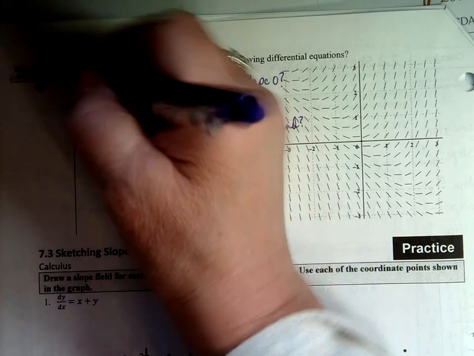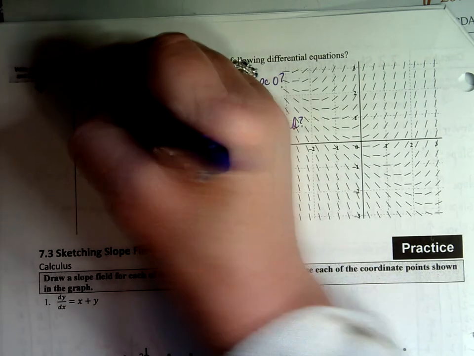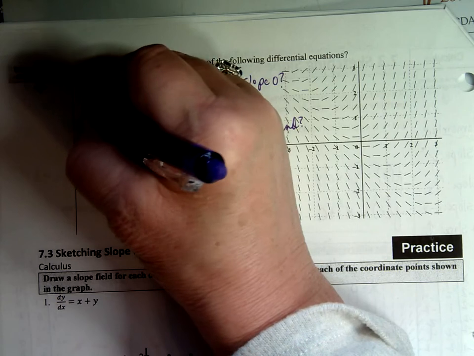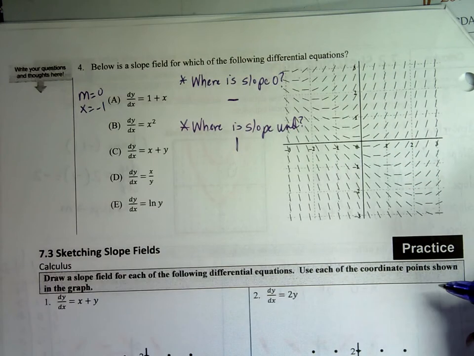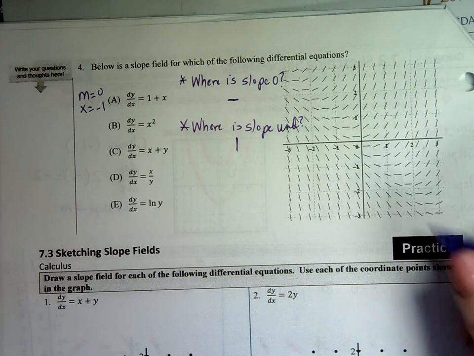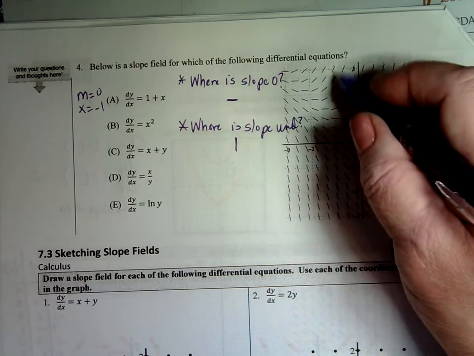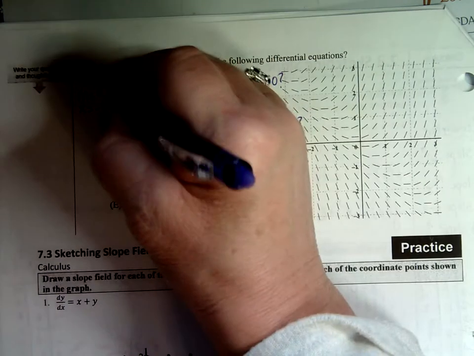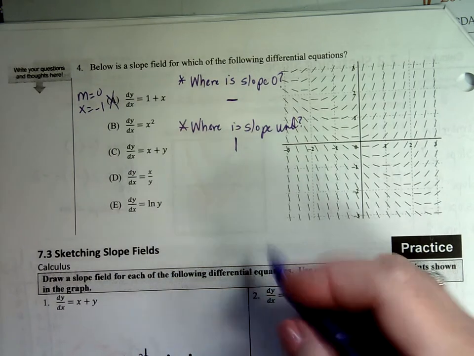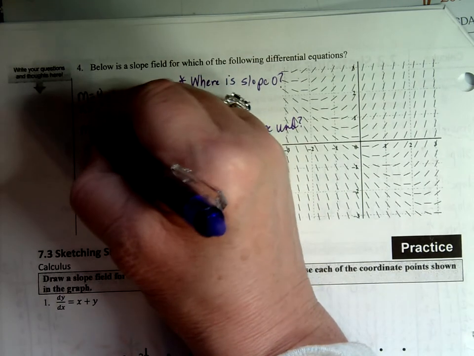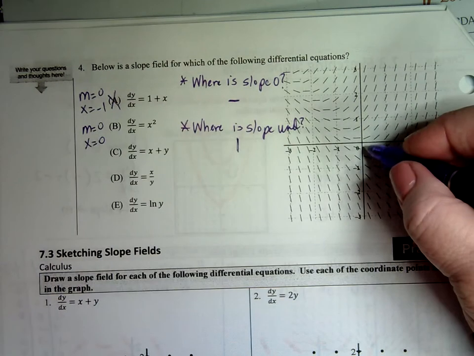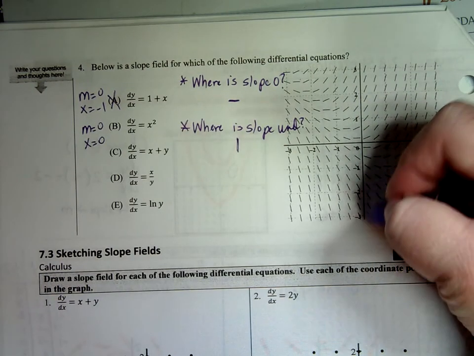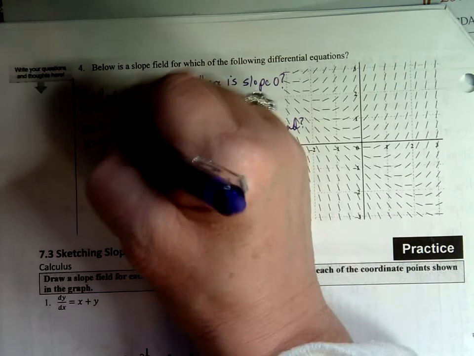So my slope, or dy over dx, equals 0 when x equals -1. So go to -1. Are my slopes 0 there? And you say nope. Okay, out of there. When would my slope be 0 for b? Well, that's when x is 0. So go to when x is 0. Do you have horizontal tangent lines? And you don't? Eliminate him.